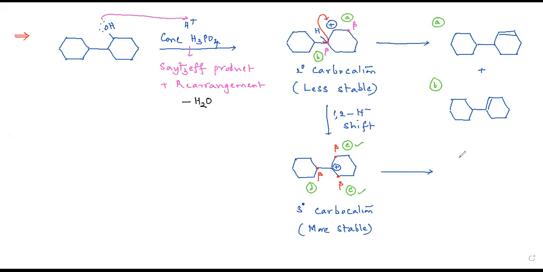The product from this C can be given as, of course it will be the same as B, right? It will be the same as B, either this or this, no problem. Both are same.